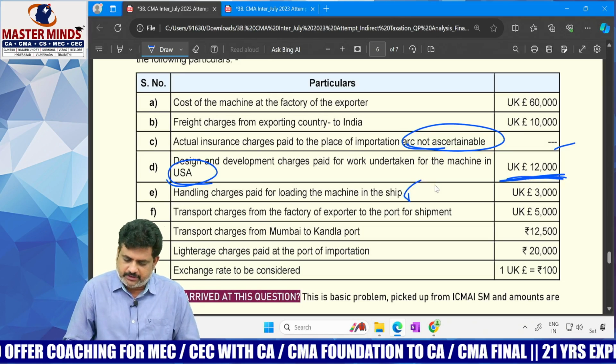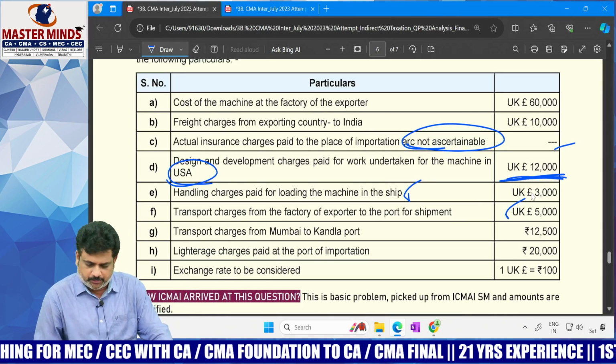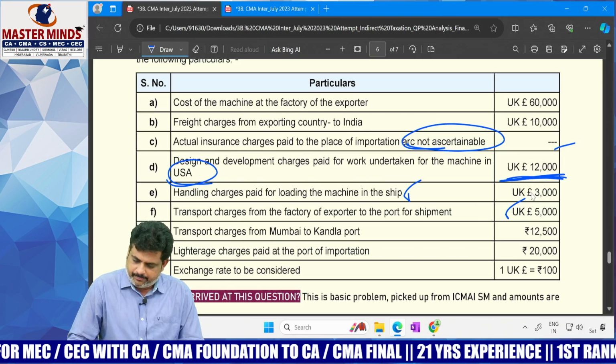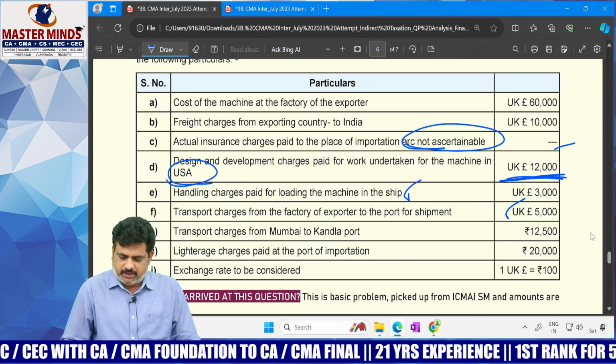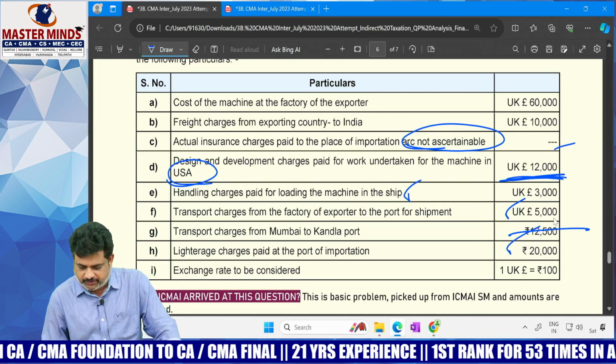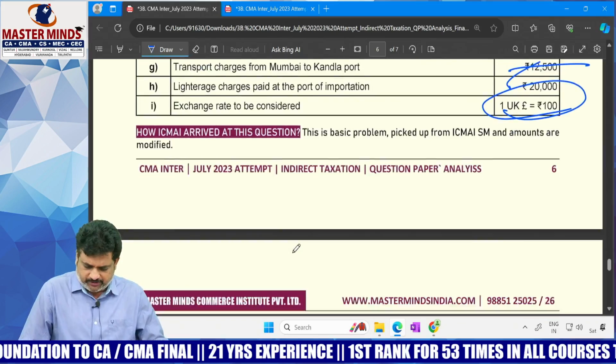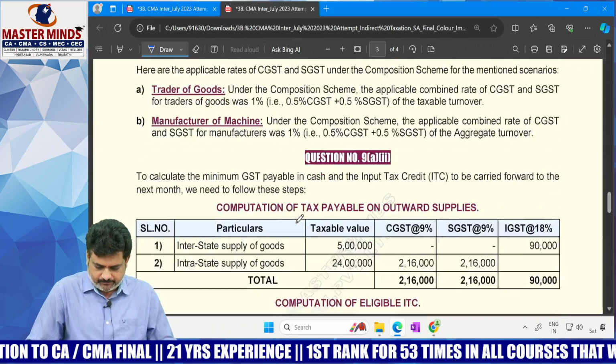Handling charges, includable. Transport charges from the factory of the exporter to the port of shipment, includable. Transport charges from Mumbai to Kandla within India, excludable. Lighterage charges, includable. Exchange rate is given in the problem. Basic question this is, you can check the answer here.